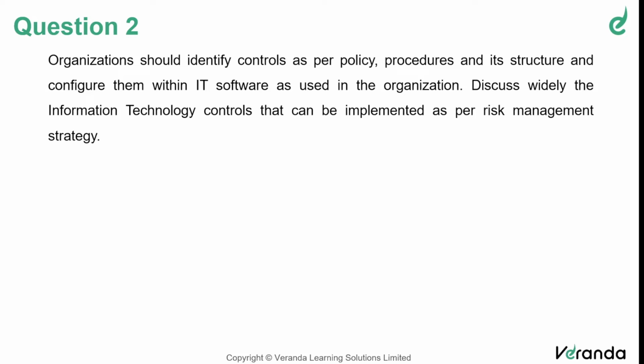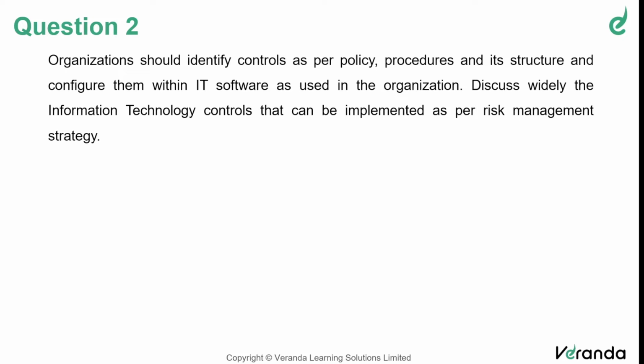Now, there are 2 types of controls spoken about in chapter 1. One is general controls and one is application controls. General means applicable throughout the organization, be it my mobile through which I'm accessing the company's data, or the big mainframe computers in which all the things are stored.